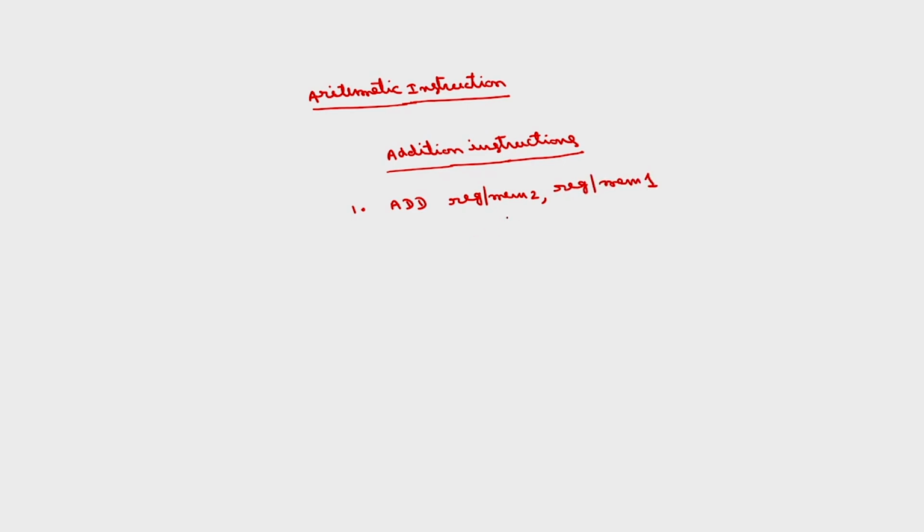So we can add the contents of register/memory 1 plus the contents of register/memory 2, and the result will be stored back to the register/memory 2. This is the internal operation.